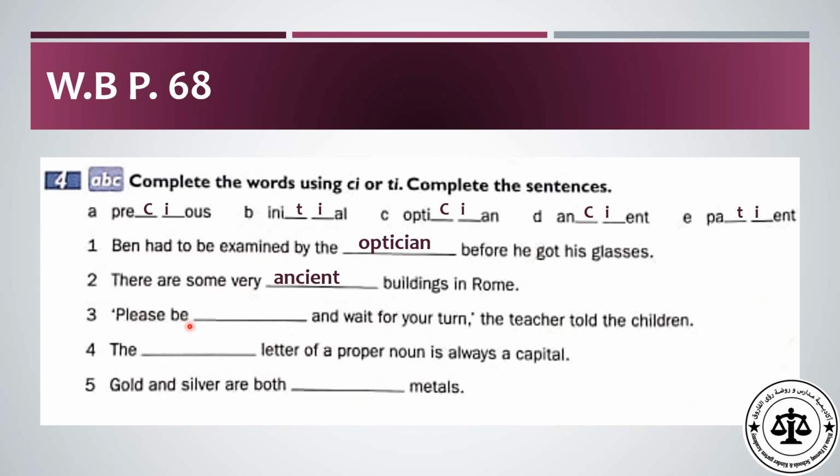Please be patient, wait for your turn. Number 4, the what letter of a proper noun is always a capital? The initial letter. Number 5, gold and silver are both what? Yes, precious metals.